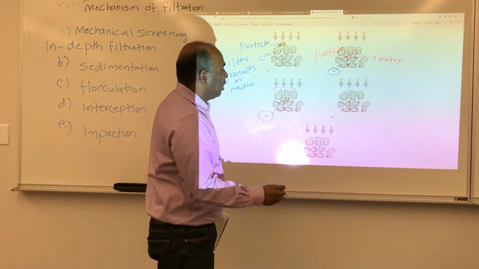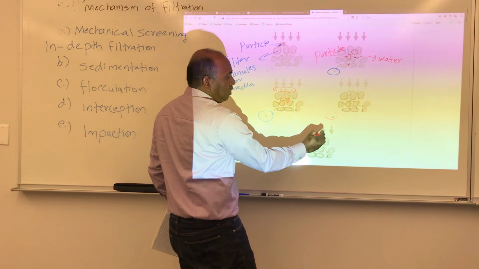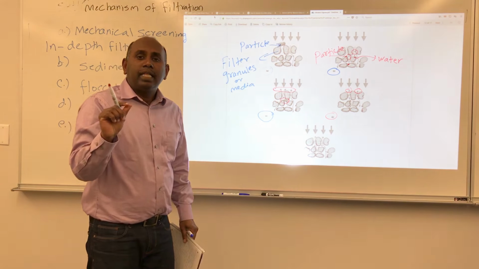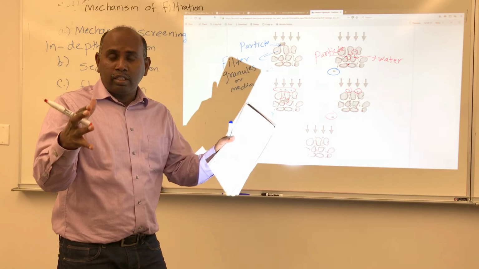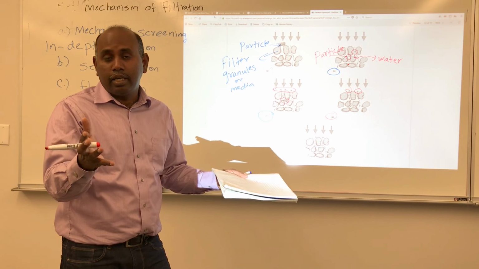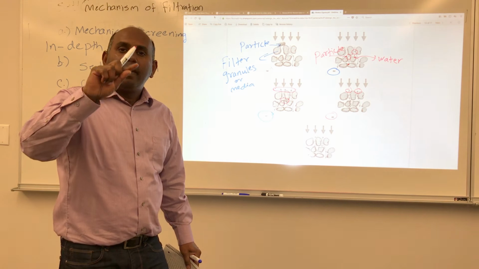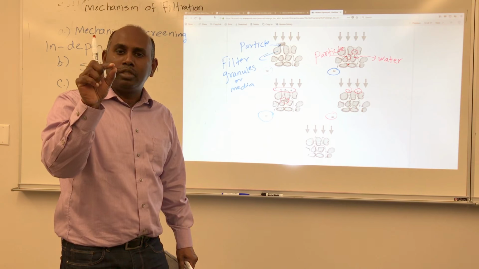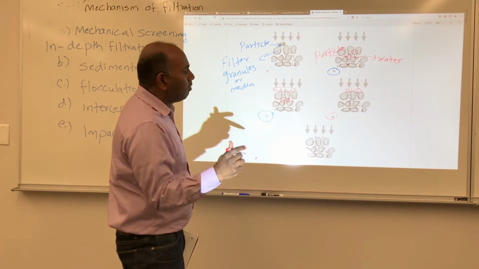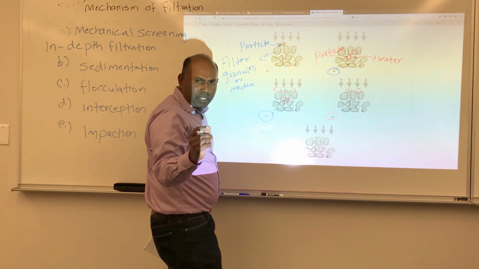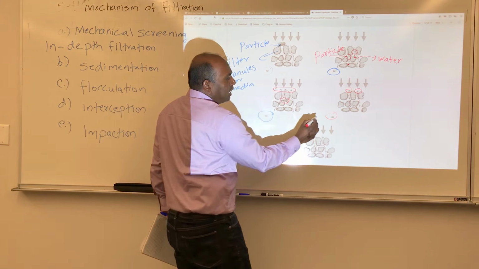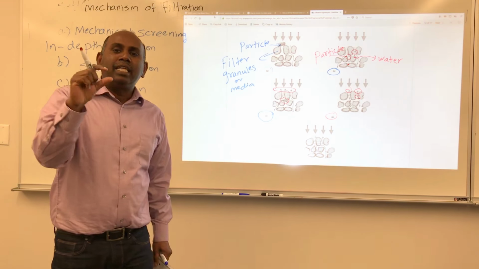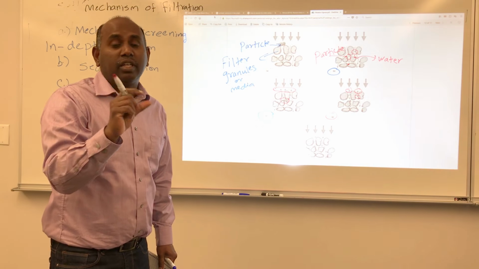Now the third one, which is interception. Again you have the particle right here. The granules, or the material that forms the filter, in this case fine sand, the surface of the sand is not smooth. You have ups and downs or cracks. So some tiny particles get trapped or intercepted at the irregular surface of the filter granules.